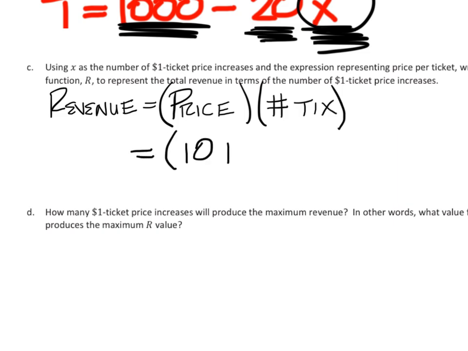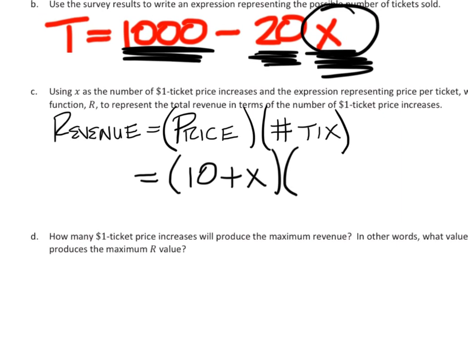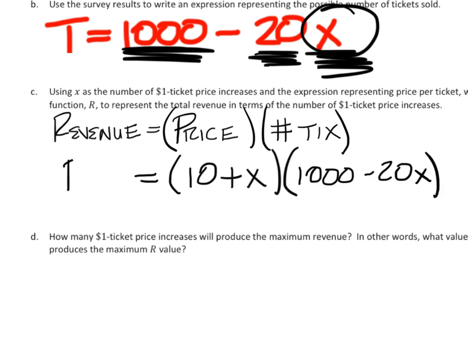10 plus X. And then we just came up with an expression for the number of tickets. And it is 1,000 minus 20X. Of course, you would have to put this as a function R of the number of $1 ticket increases.